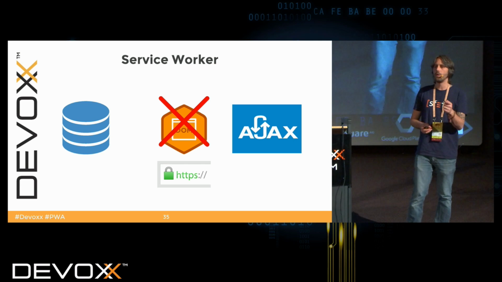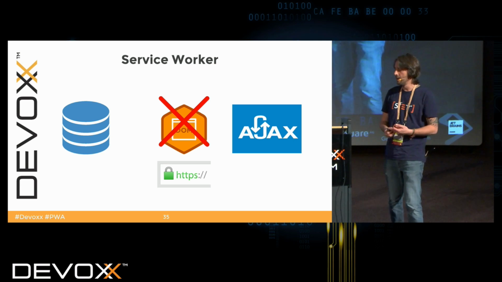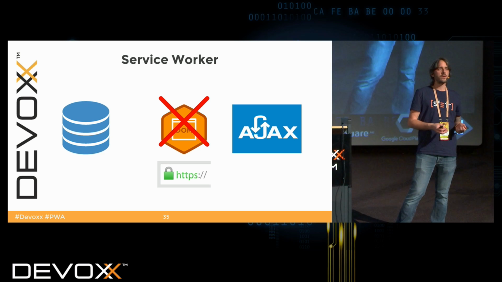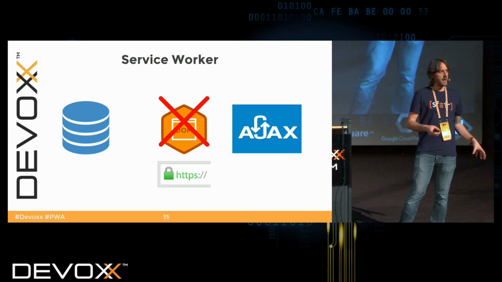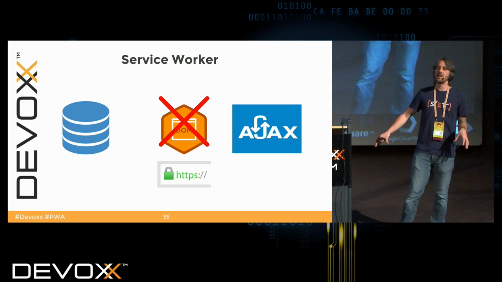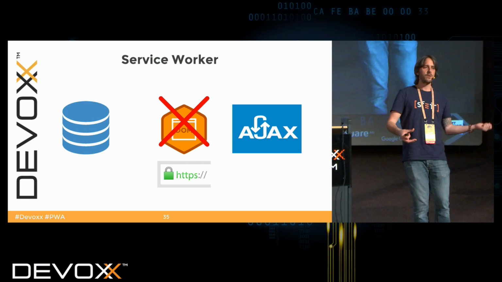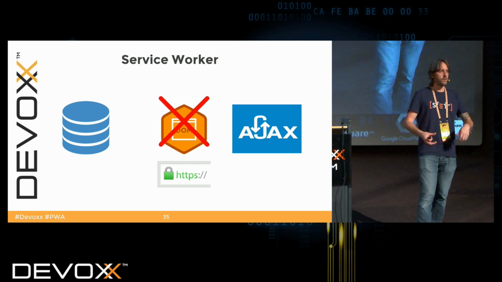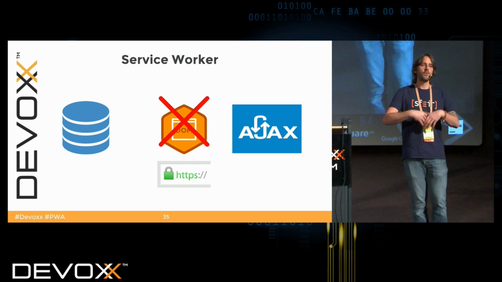So the goal of a service worker is not to manipulate the page or to change anything in your application. The service worker just has access to the requests, and it has access to a cache API and to fetch APIs. So you can decide in your service worker, okay, this request is coming in. Do I use a cache or do I call the network? But you can do whatever you want.